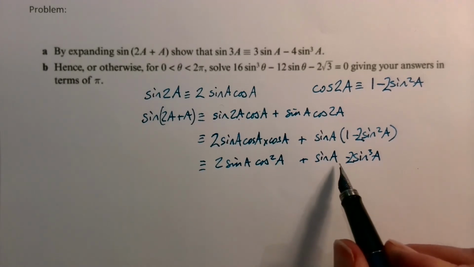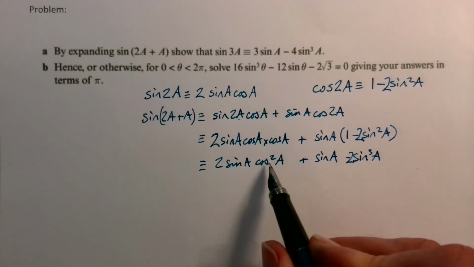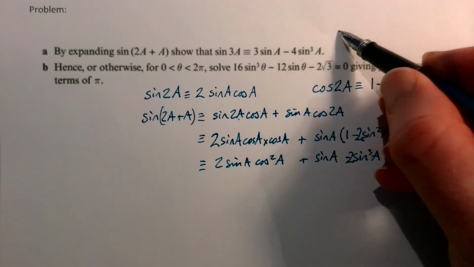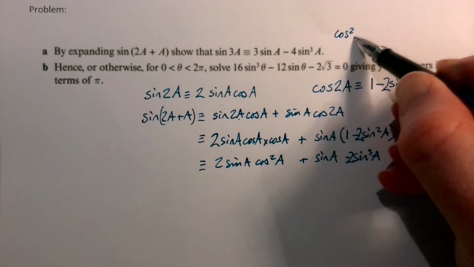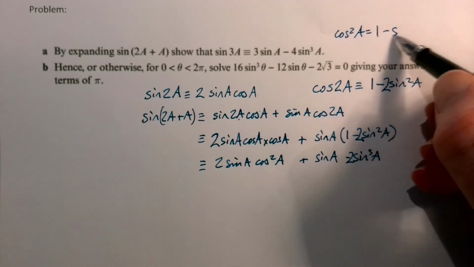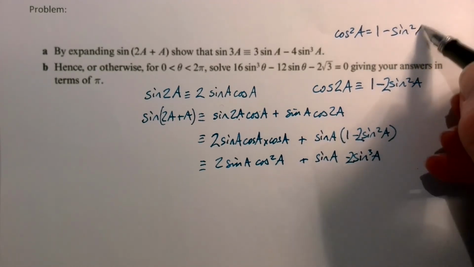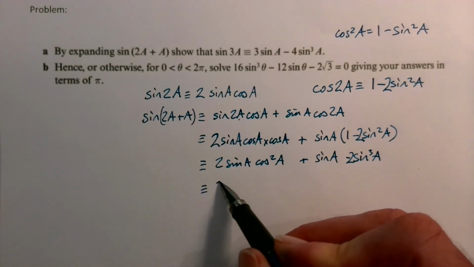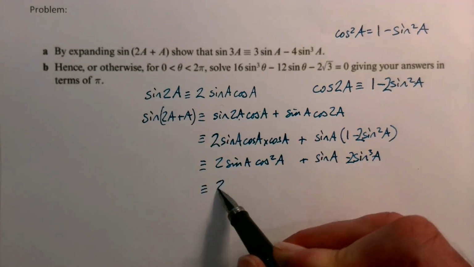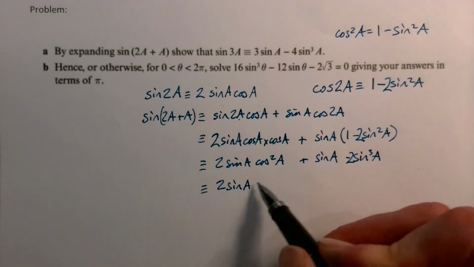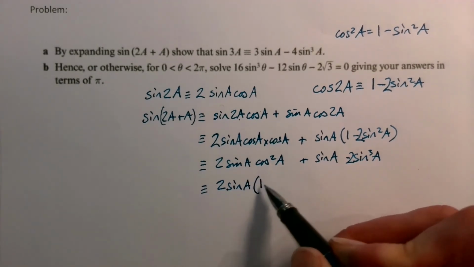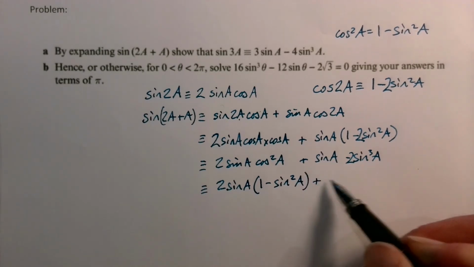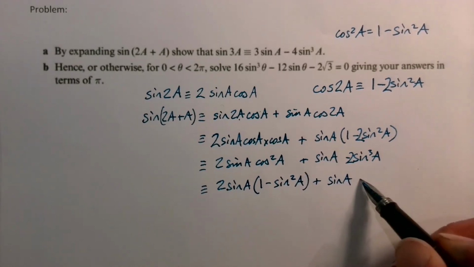Right, so now before I clean this up, I've got to get rid of these cos squared a's, and I'm going to be using again the fact that we know that cos squared a is 1 take sine squared a. So that will give us 2 sine a bracket 1 take sine squared a, and we'll just keep this other stuff bubbling along there.